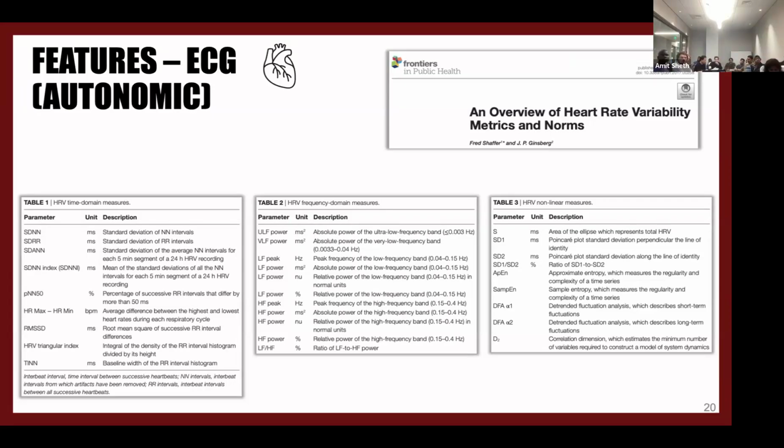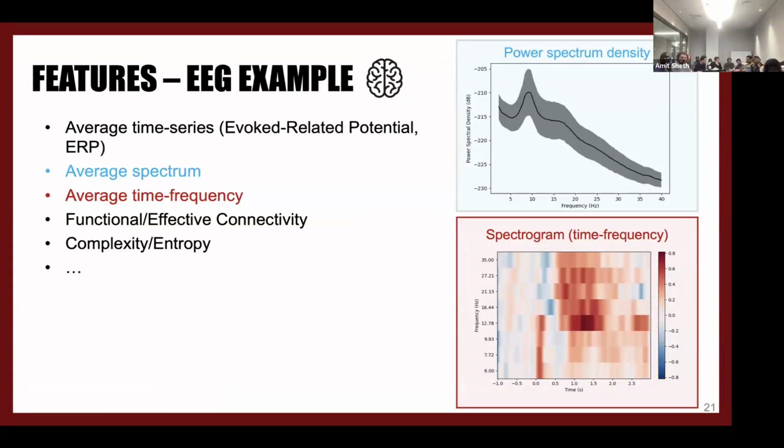Features depend a lot on your applications, right? So for ECG, there's a bunch. You can find them in state-of-the-art papers on your problem. For ECG, there's a bunch of heart rate variability features that you can extract using well-known toolboxes. Same thing with EEG. There's a bunch of different features that have been used for the last 50 years to do statistical analysis on EEG.